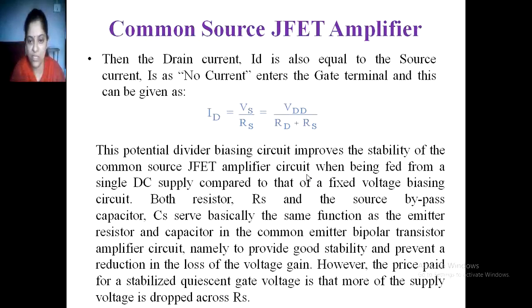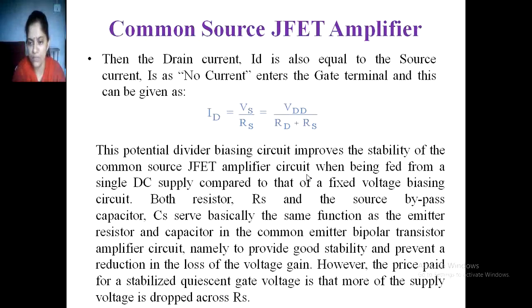Both resistor Rs and the source bypass capacitor Cs serve basically the same function as the emitter resistor and capacitor in the common emitter bipolar transistor amplifier circuit, namely to provide good stability and prevent a reduction in the voltage gain.